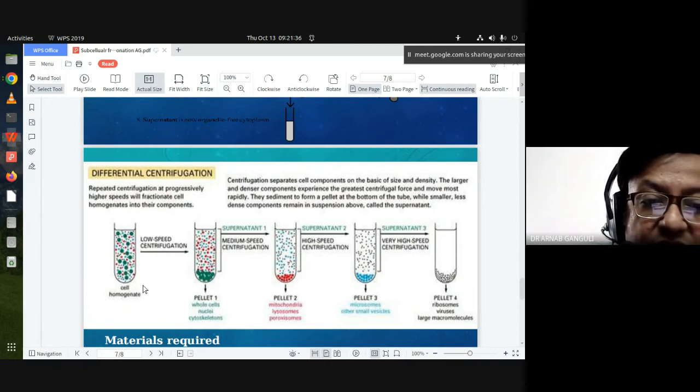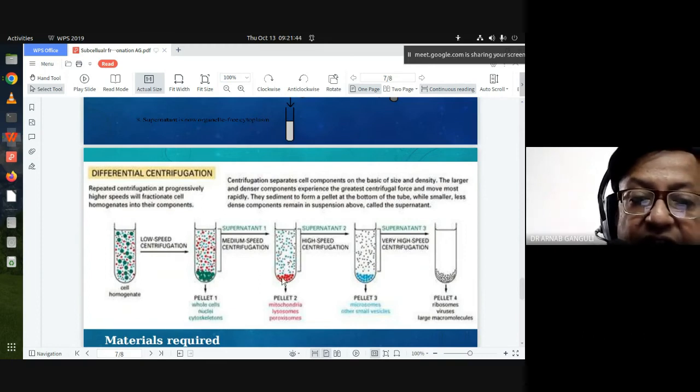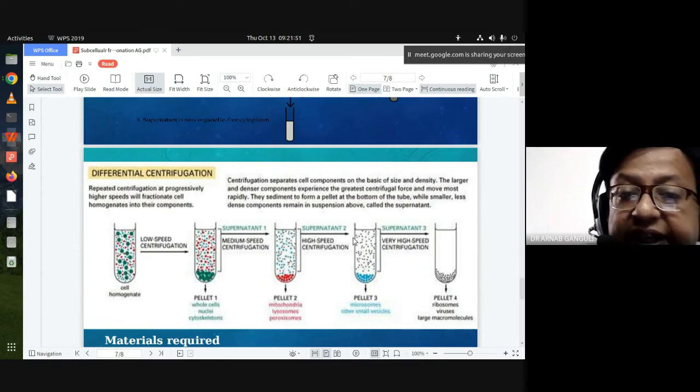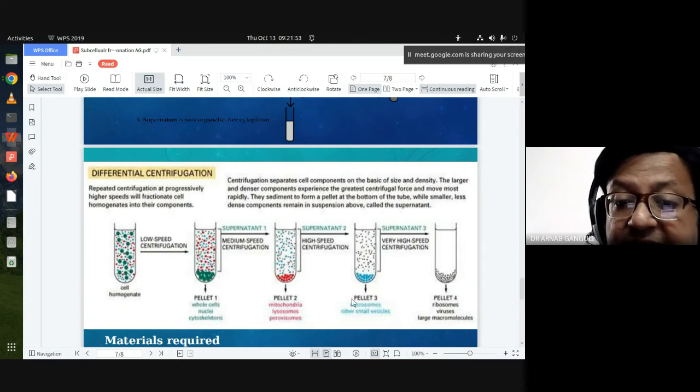So with low speed centrifugation, whole cells, nuclei and cytoskeleton will fall. Then at medium speed, mitochondria, lysosomes, peroxisomes will form the pellet. Then with high speed centrifugation, microsomes and other small vesicles, Golgi body and all, will come out.